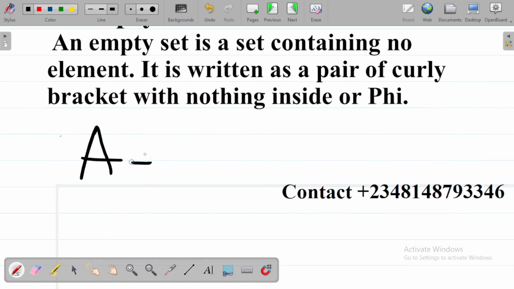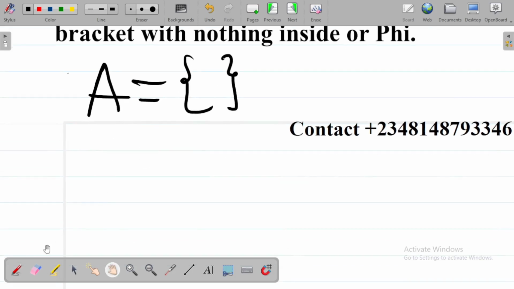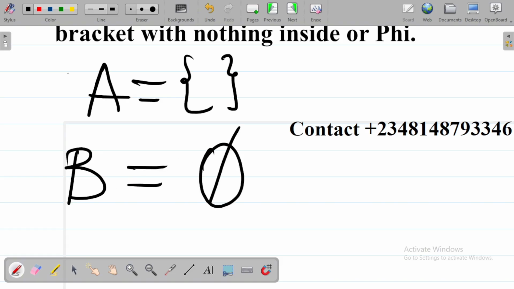If A is equal to this, then A is an empty set. Why? Because there is no element inside the curly bracket. So we only have the curly bracket here. So A is an empty set. Or if B is equal to phi, therefore B is an empty set.